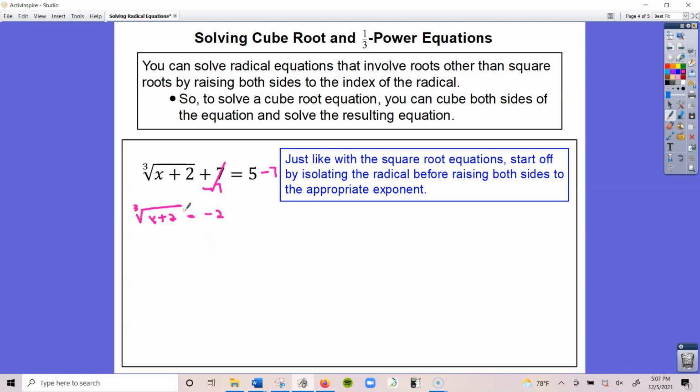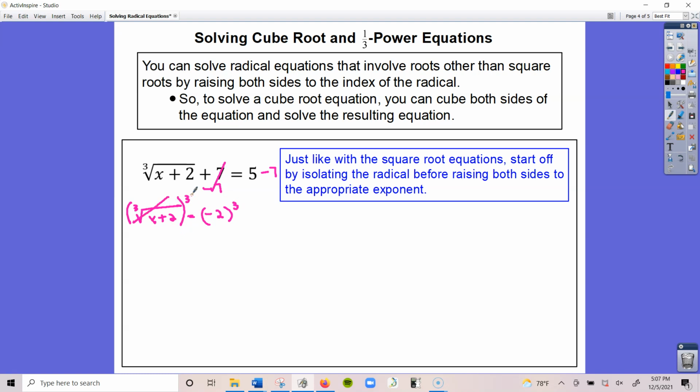Instead of squaring both sides, because this is not a square root equation, I'm always going to apply the exponent that matches the index of the radical. So that way that radical will cancel. Since the index of a cube root is 3, that means that I am going to cube both sides of the equation.